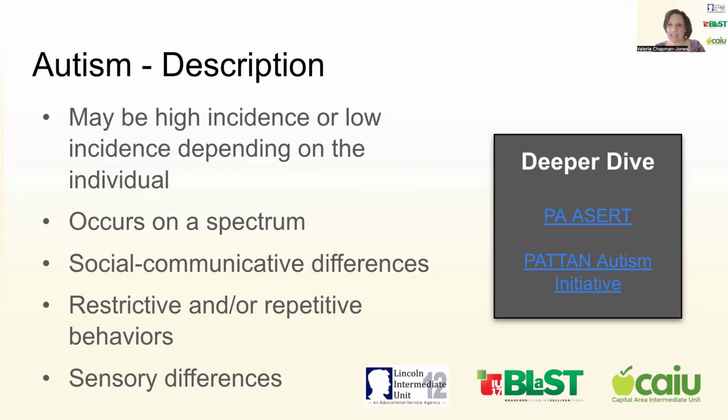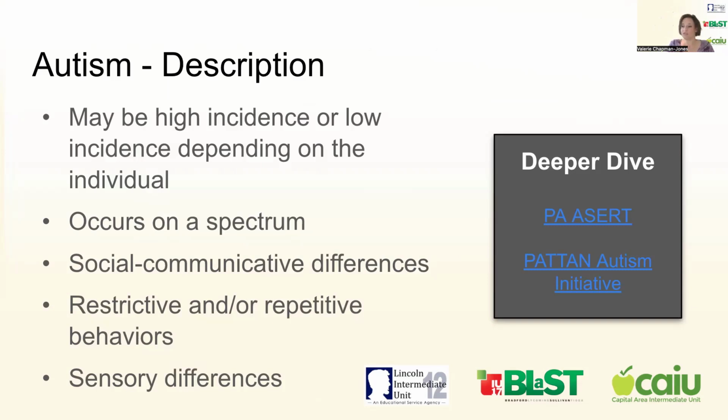But some of the key characteristics, and this was in the definition, are social communicative differences. So we talked about speech language impairment. That pragmatic language is one of the areas covered. That's why many students with the autism diagnosis receive speech language services to work on those social language skills.